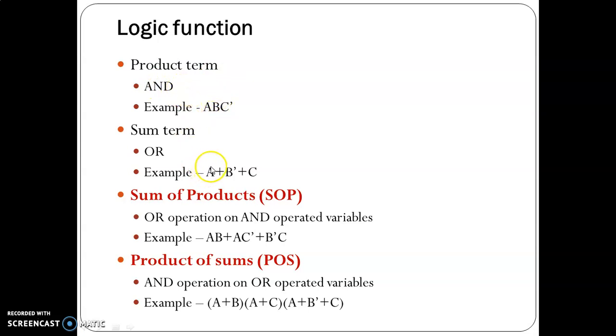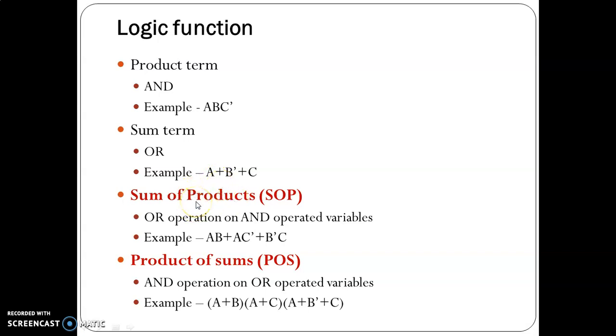Sum term. An OR function is generally used to refer to a sum. The logical sum of several variables on which a function depends is considered to be a sum term. Variables in a sum term can appear either in normal form or in complemented form. For example, this is a sum term: A or B bar or C. Logical addition happens here. Sum of products.